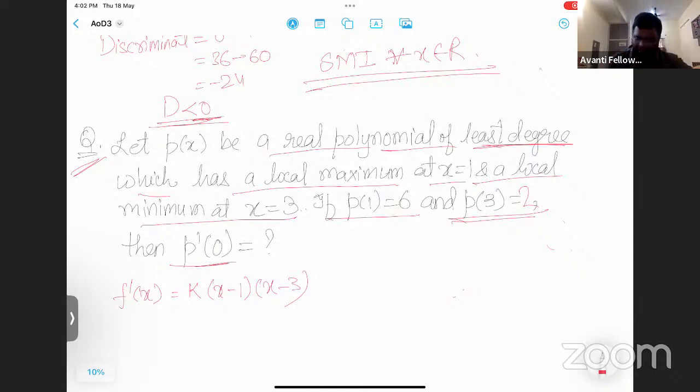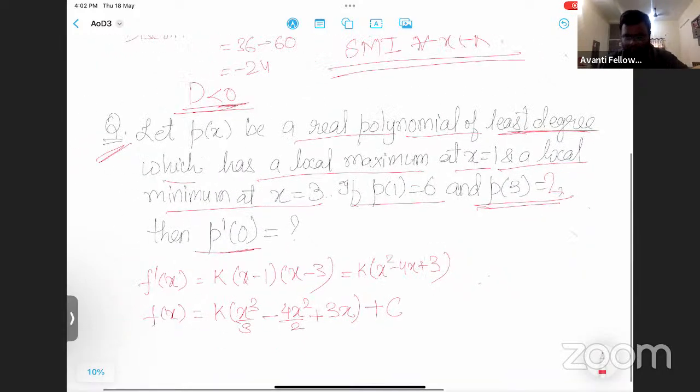Now we'll integrate this function and we'll get f(x). So f(x) will be, this will be k times (x square minus 4x plus 3). So we'll integrate this: k times x cube by 3 minus 4x square by 2 plus 3x plus c, right? Constant of integration.